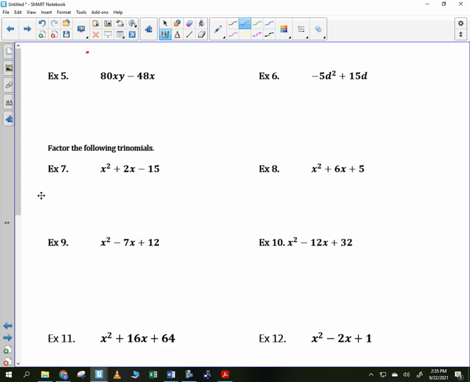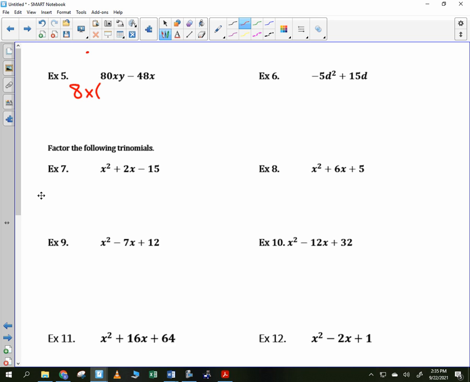Sometimes you get more complicated numbers. 80 and 48. What do you think both of those are divisible by? 8. They are. I will factor out the 8, and I'll also factor out 16x. You're right, 16 is, but nobody said that, so I'm going to show you. Okay, so I'll get to it in a second.